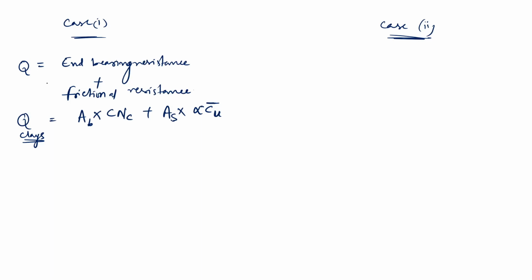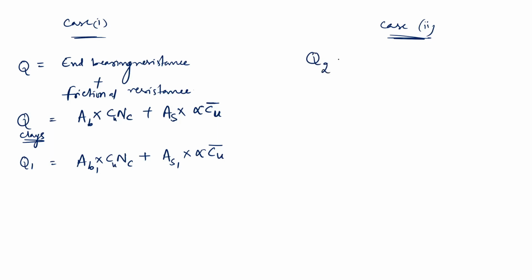So in the first case, this is Q1. You can say AB1, cohesion is common, this bearing capacity factor is common. You can write undrained cohesion, then surface area AS1 into alpha, this is common, and average cohesion is also common for the two cases. So I'll go for the second case.